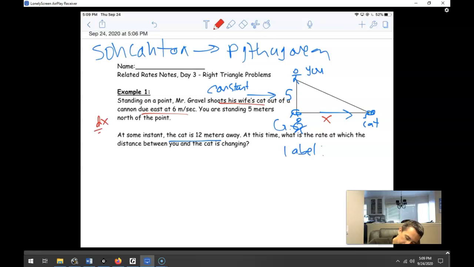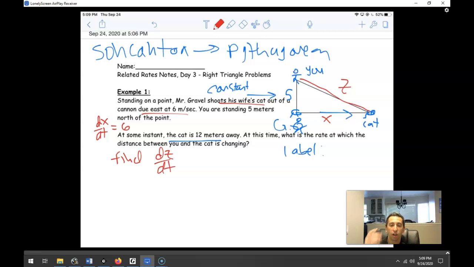So dx/dt is equal to 6. At some instant, the cat is 12 meters away. The distance between you and the cat, let's call that z. So this problem is telling me to find dz/dt, the rate of change of that distance.